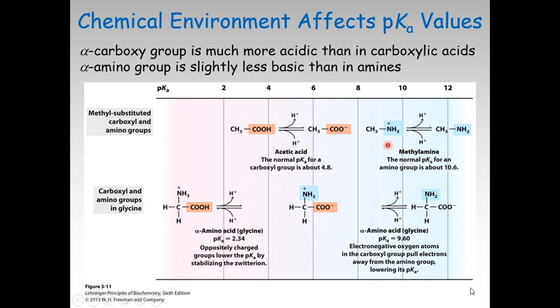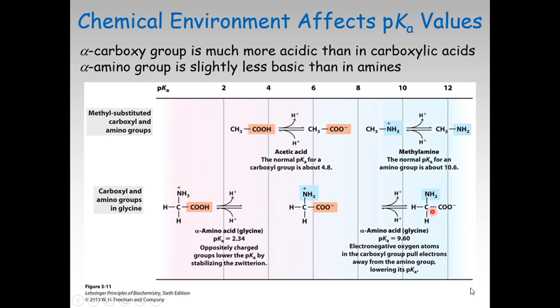What about methylamine and the glycine amino group? The same explanation can be given for the amino group as well. It is attached to an alpha carbon, which has a carboxylic acid group, which is an electron withdrawing group as well.